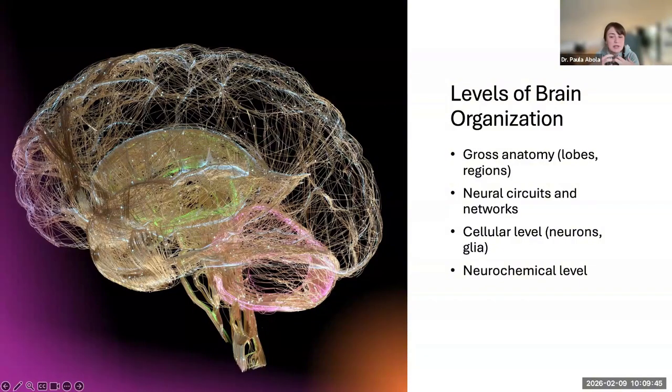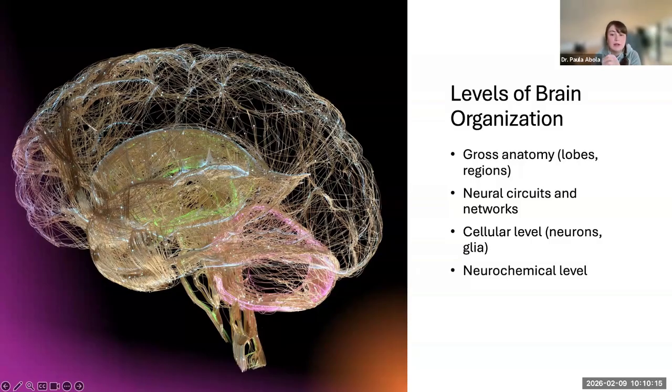When these networks are disrupted, for example, through injury, disease, or neurodegeneration, the resulting impairments often reflect disconnection rather than total loss of a specific function. This network-based view is increasingly important in understanding complex conditions such as traumatic brain injury, schizophrenia, and also neurodegenerative disease.